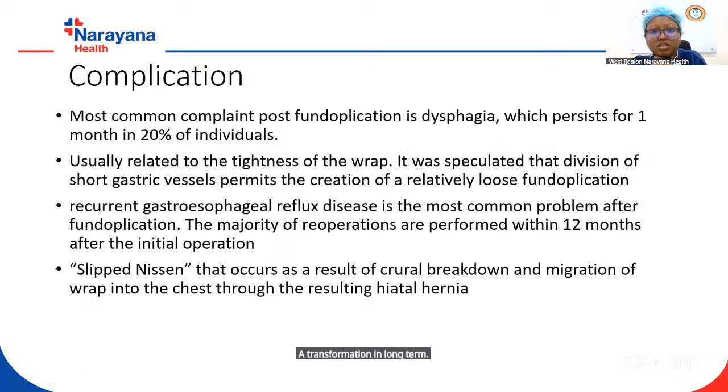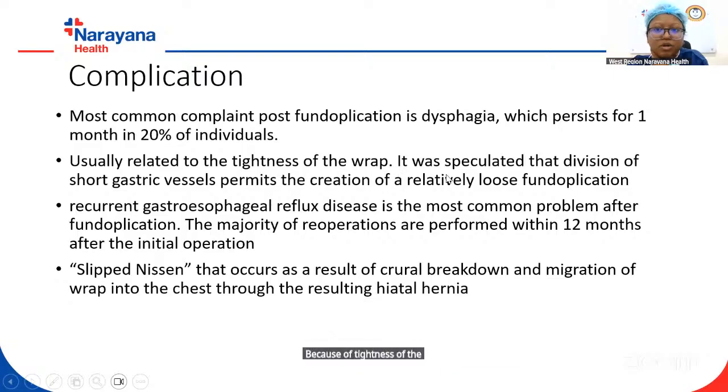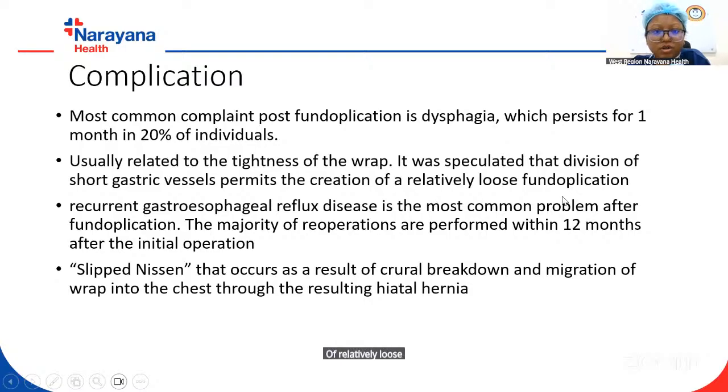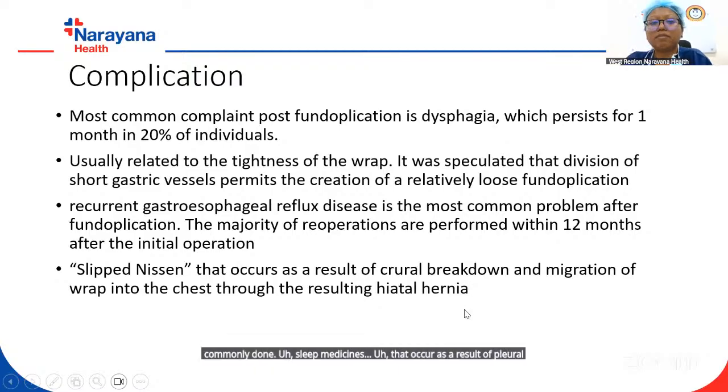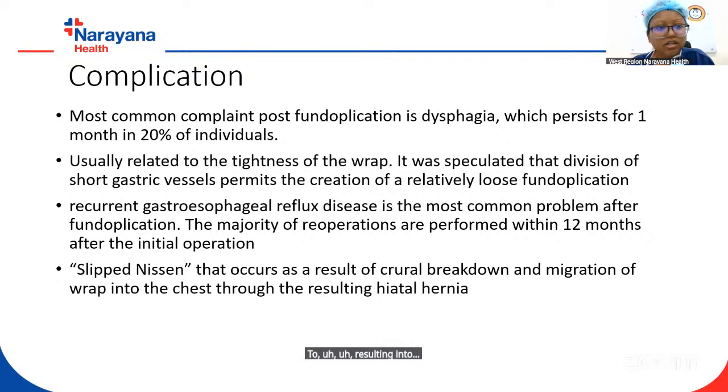So regarding complications, the most common complaint post fundoplication is dysphagia because of tightness of the wrap. It is speculated that division of short gastric vessels permits the creation of a relatively loose fundoplication, but this is not commonly done. And slip lesions occur as a result of crural breakdown and migration of the wrap into the chest, resulting in hiatal hernia.